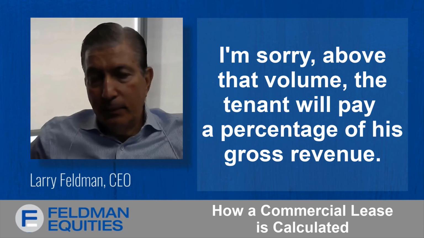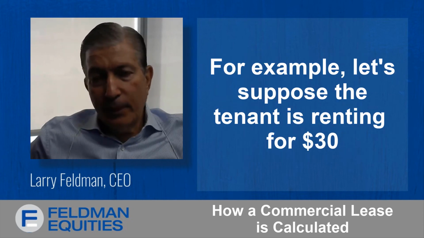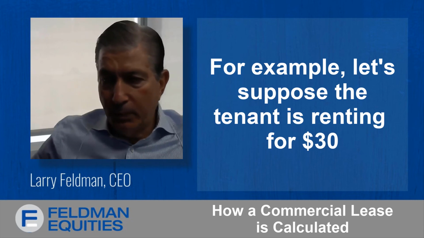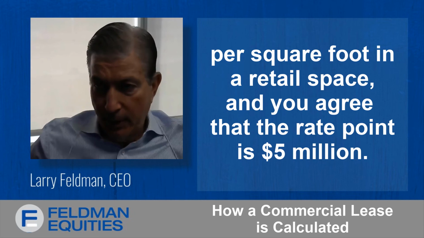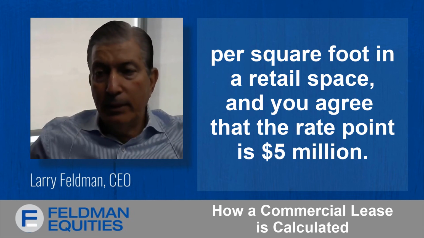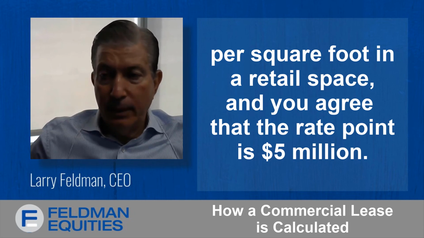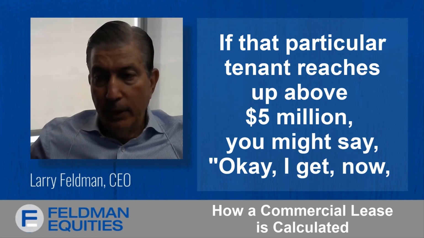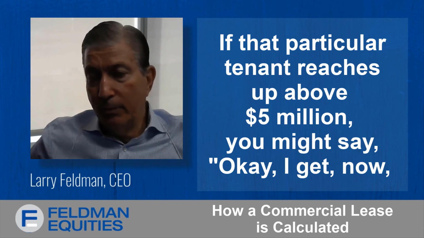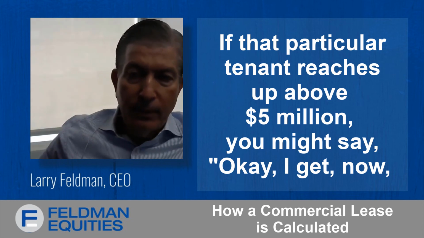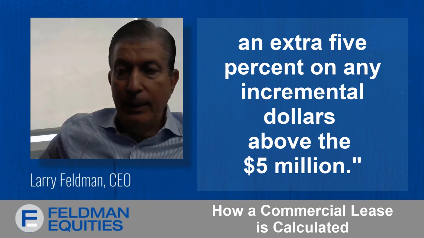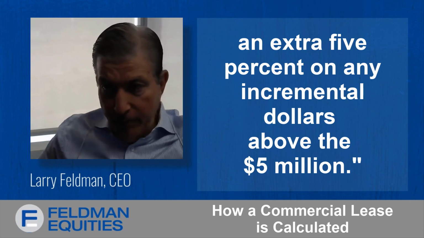So, for example, let's suppose the tenant is renting for $30 per square foot in a retail space, and you agree that the break point is $5 million, that if that particular tenant reaches above $5 million, you might say, okay, I now get an extra 5% on any incremental dollars above the 5 million.